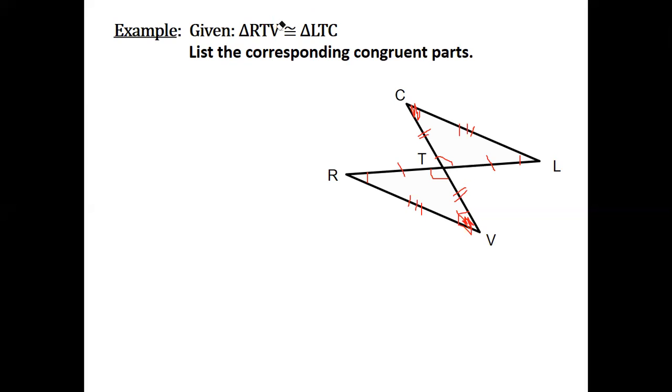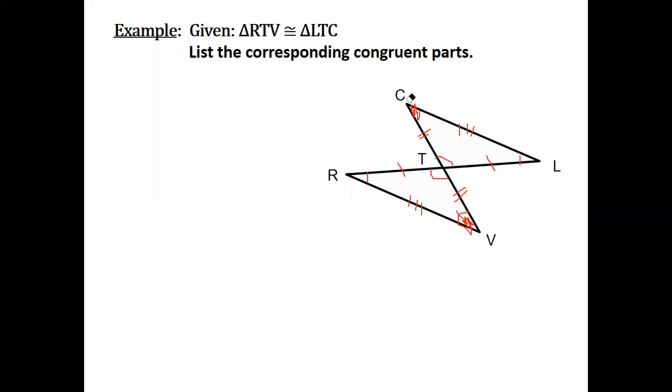Third, we can start from the middle, TVR with TCL. Okay, then this is how we can use the corresponding angles. Again, RTV with LTC. Then start from the middle, TRV with TLC. And then the middle again, but from the other side, TVR with TCL.